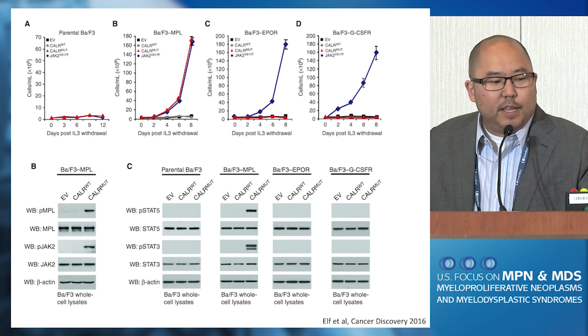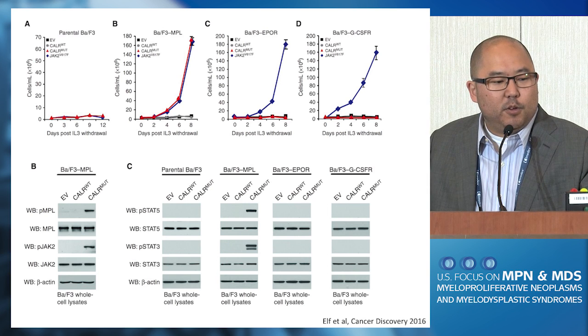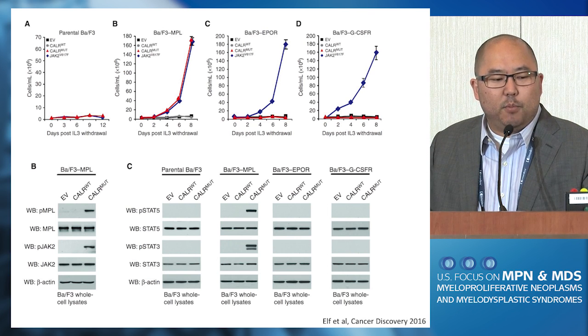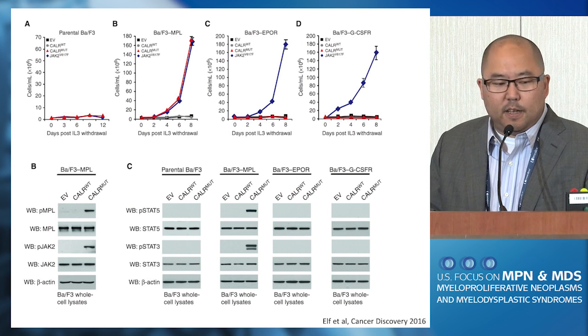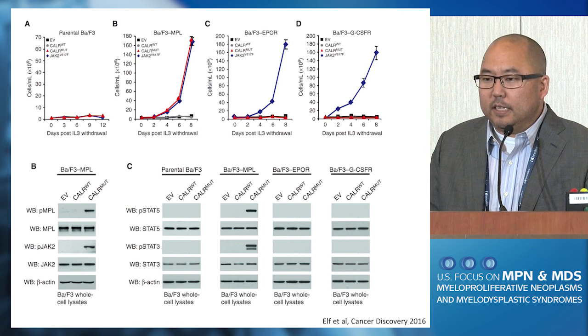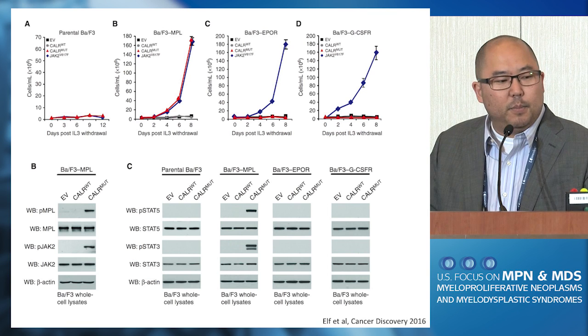They also showed in these cell lines that you could see activation of JAK-STAT signaling in cells expressing mutant calreticulin, but again, only in the presence of the MPL TPO receptor and not in the presence of these other type 1 cytokine receptors, EPO or GCSF. So again, specific to MPL, which makes sense in that you see these mutations in ET and myelofibrosis, but not in polycythemia vera.